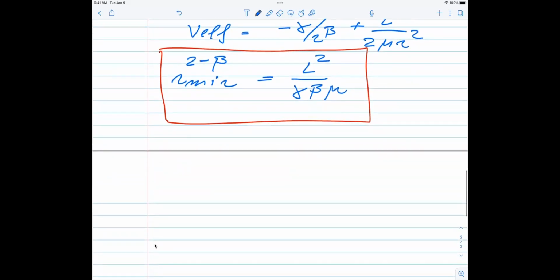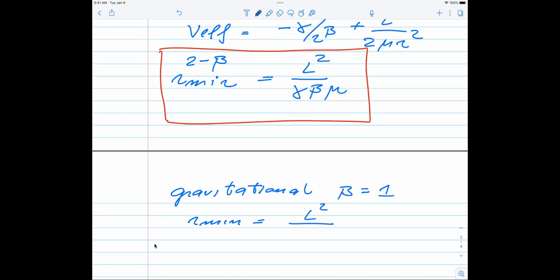So if you do the standard gravitational force, or that type of interaction, which we get also for a Coulomb type of interaction, then beta is equal to 1. And then we should have an R min equal to L squared divided by gamma times, no, beta is equal to 1 then, so we don't need to put that one in.